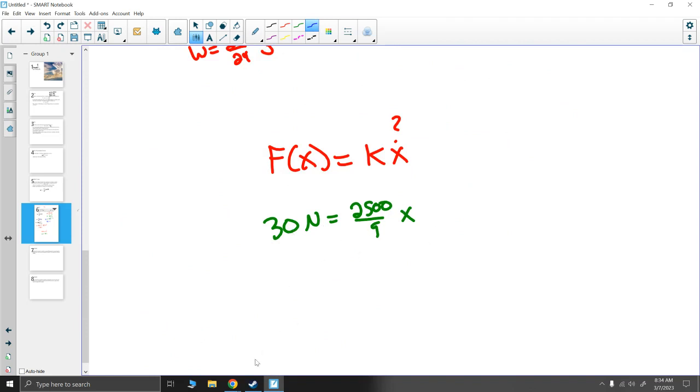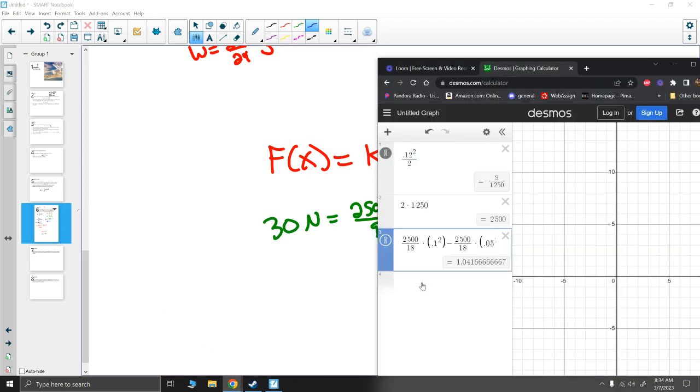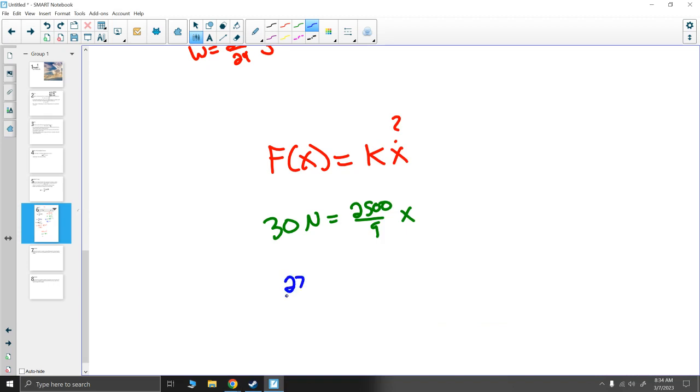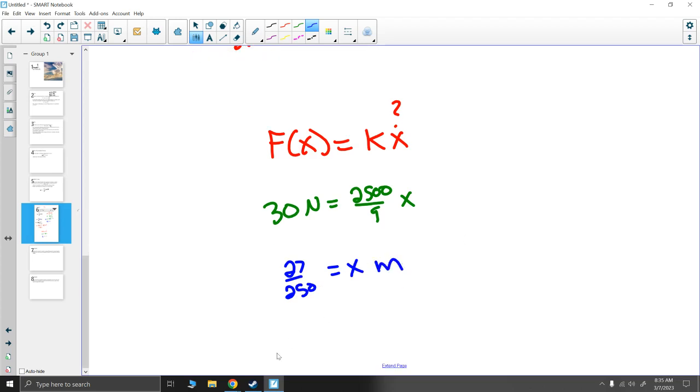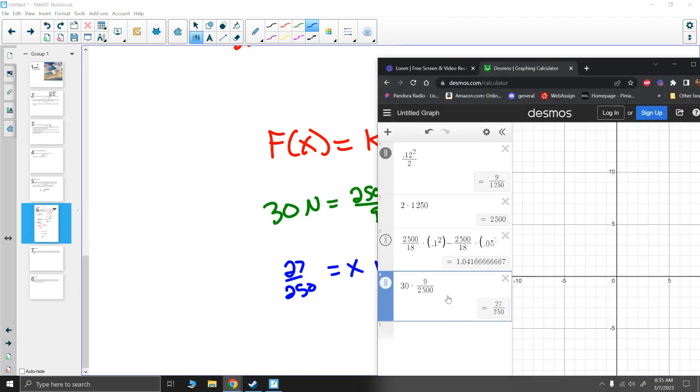We're going to divide 30 by 2,500 over 9, or multiply 30 by 9 over 2,500, and we get 27 over 250. But that's our x distance in terms of meters, which is kind of meaningless, so let's find that as a decimal.